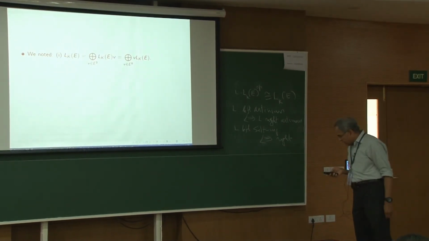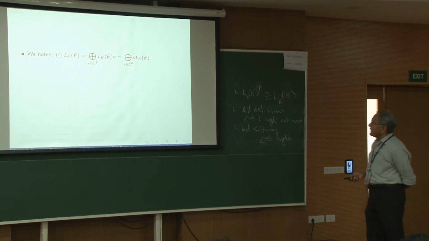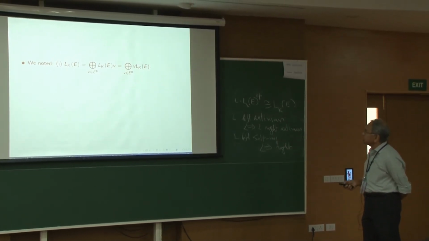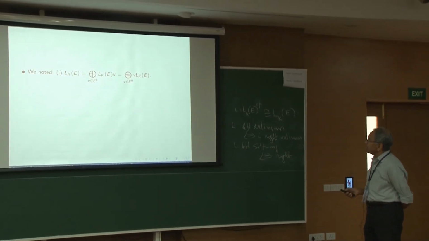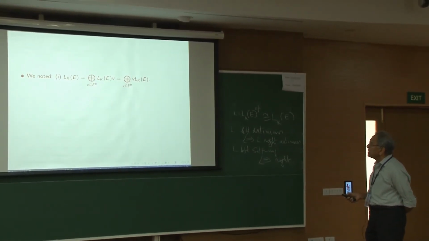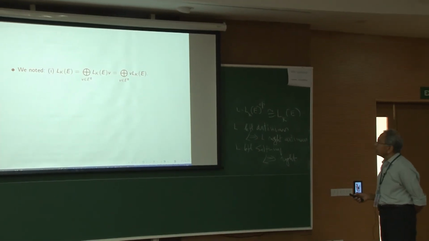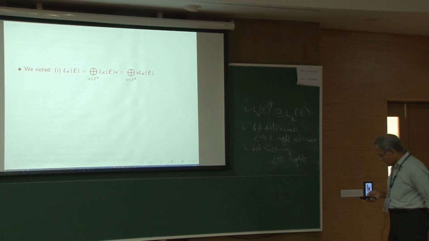We also noted that the Leavitt path algebra L sub K of E decomposes as a direct sum of the left ideals generated by vertices, and also a direct sum of the right ideals generated by the various vertices.